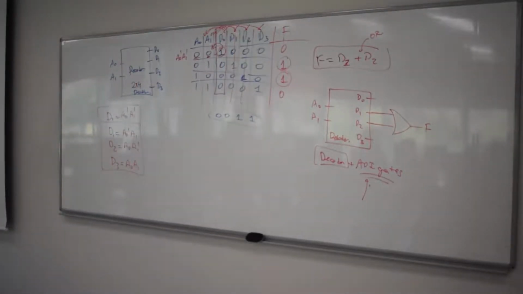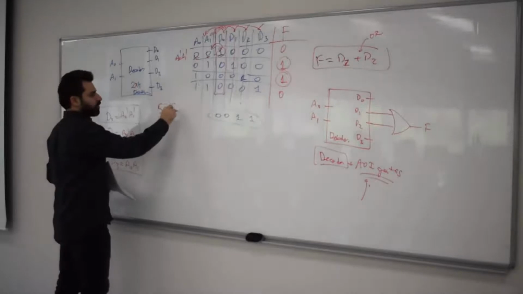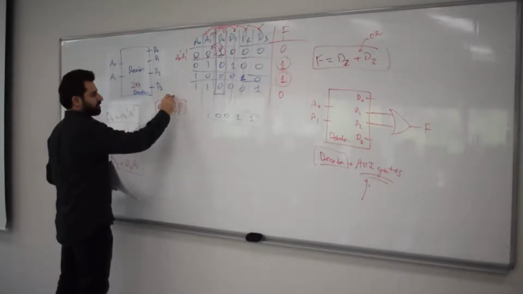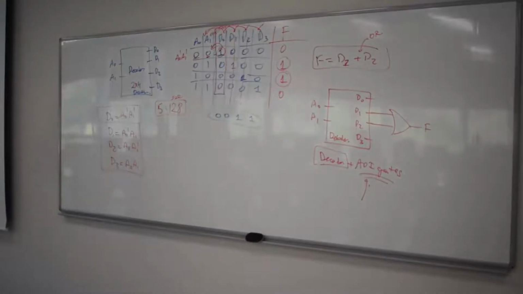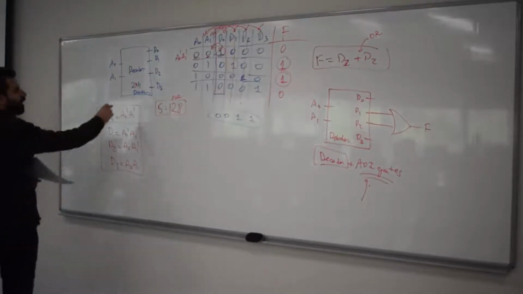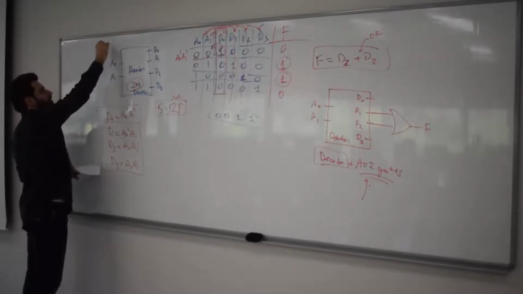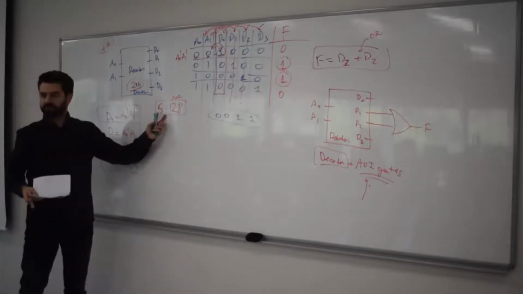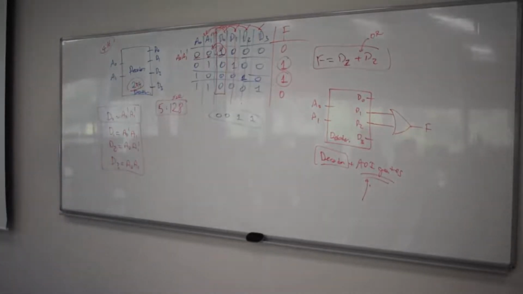If you would like to buy a specific decoder, say 5x128 size, you may not find it. You may find 2x4s, or maybe 4x16, but not this one. So you're going to have to do something about it.